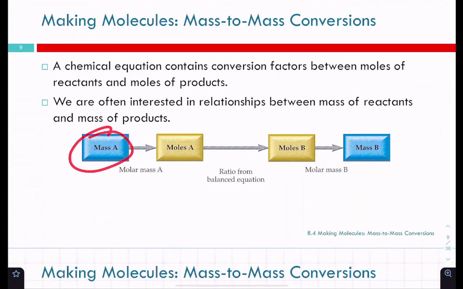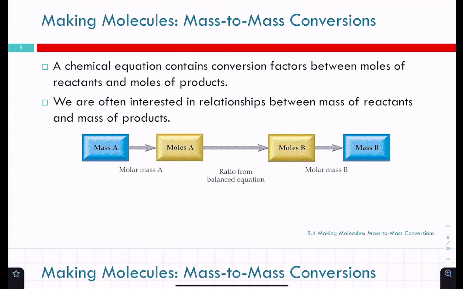So we'll start with the mass of A, and then we'll convert that into moles by using the molar mass of A. Then once we have moles of A, we can take the ratio from the balanced chemical equation, that's what we did in the past few problems, and convert it into moles of B. And then from there, use the molar mass of B to convert it into the mass of B. So all of these problems are going to have this same structure.